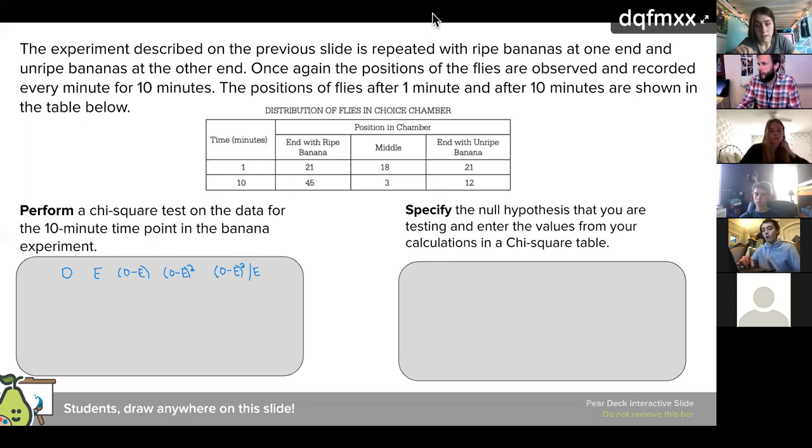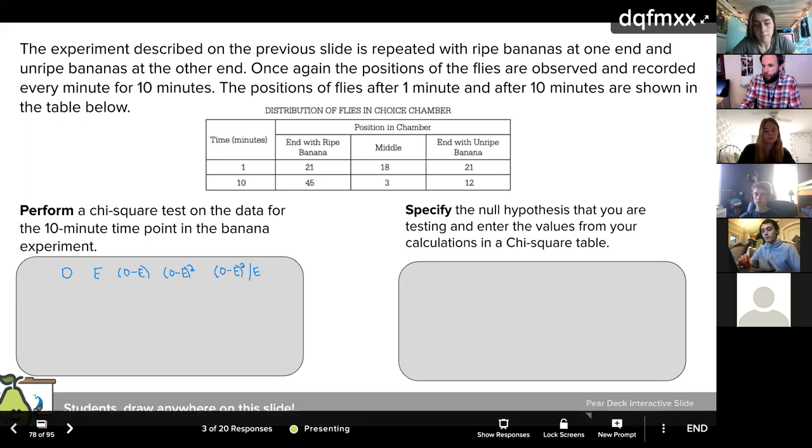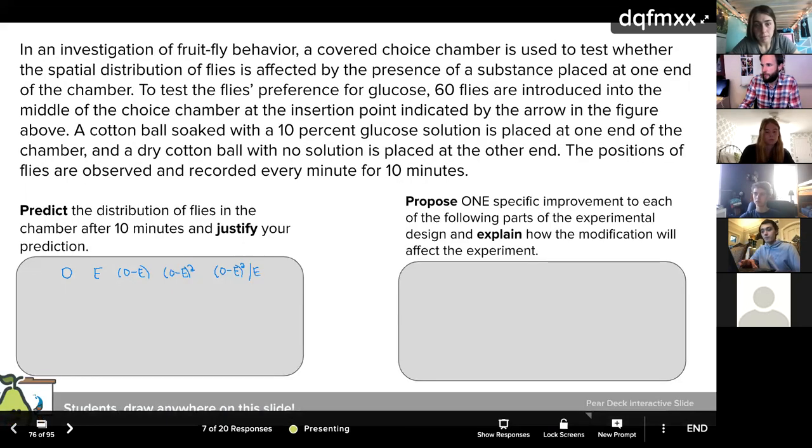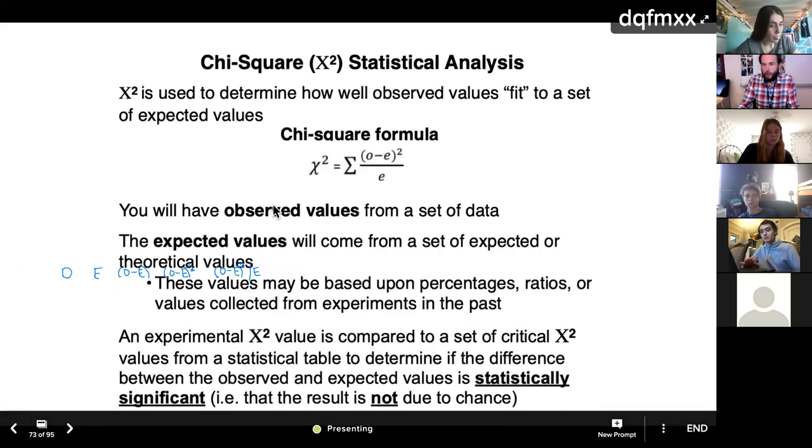If I were to go back to the actual formula for the calculation of the chi-square statistic, you're probably going to see why we're doing that. That last column, observed minus expected squared divided by expected, there it is.